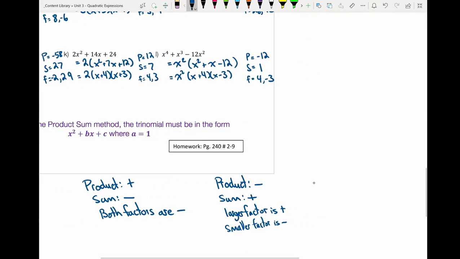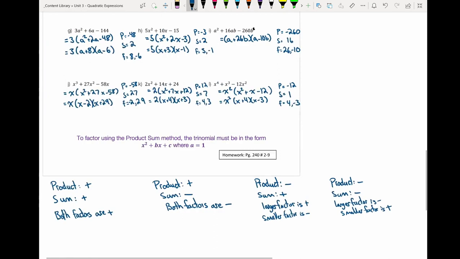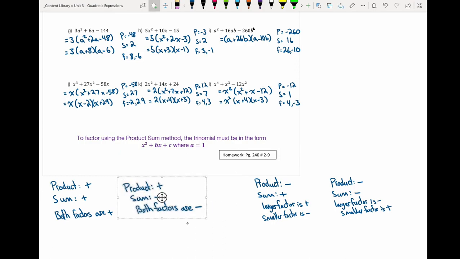And the opposite, again, still the product is negative, but the sum is negative: the larger factor is negative and the smaller factor is positive. So that just helps you with what the signs are on those actual factors that we find.